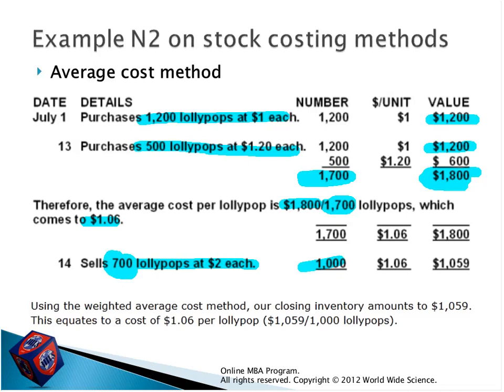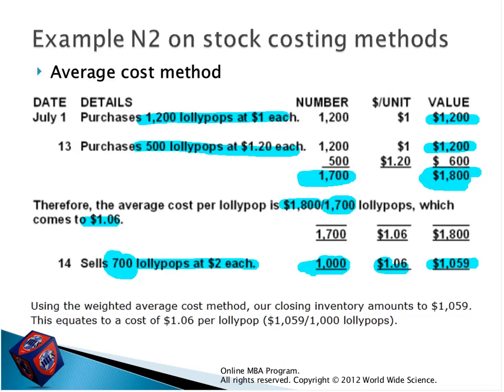This 1,000 must be valued at the average price, $1.06. The value of our inventory at the end of the month would be 1,059 US dollars. Right, you do understand this, right?